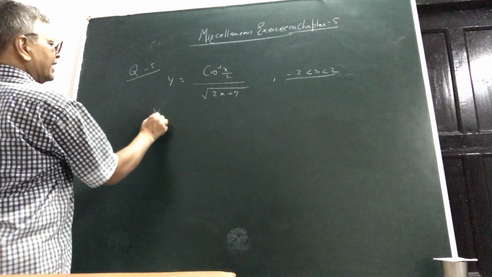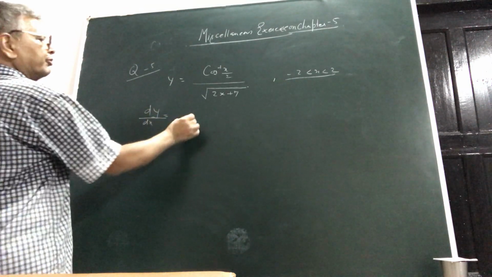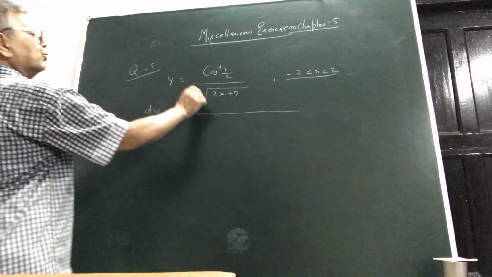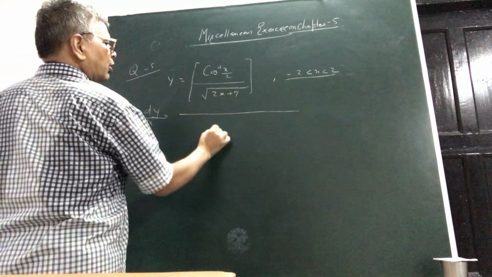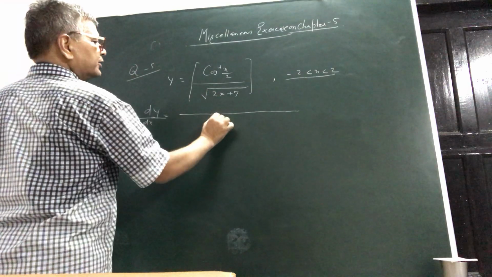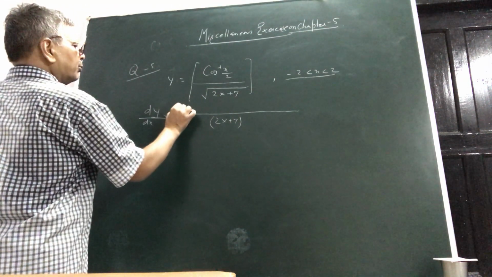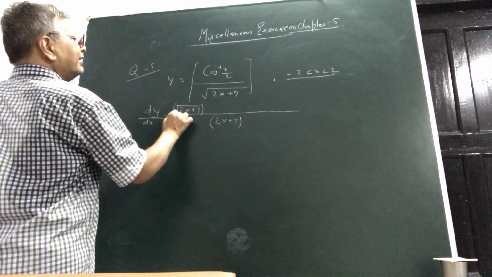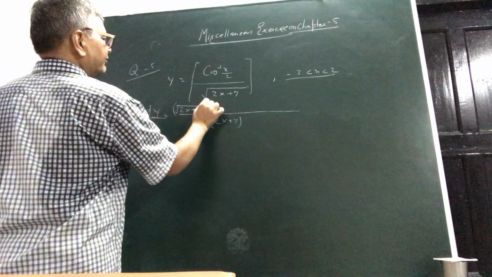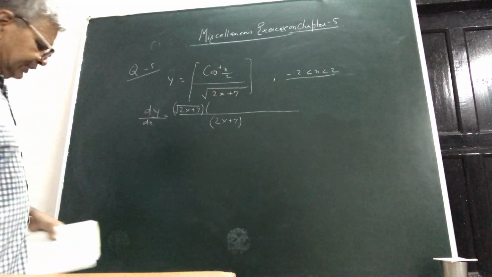So its derivative dy by dx will be obtained what way? Quotient rule you will have to invoke, because this is numerator, this is denominator. So denominator is squared. So it is under root 2x plus 7, and then the derivative of the numerator. Derivative of numerator is what? Cos inverse x by 2. Now it is a function of function.